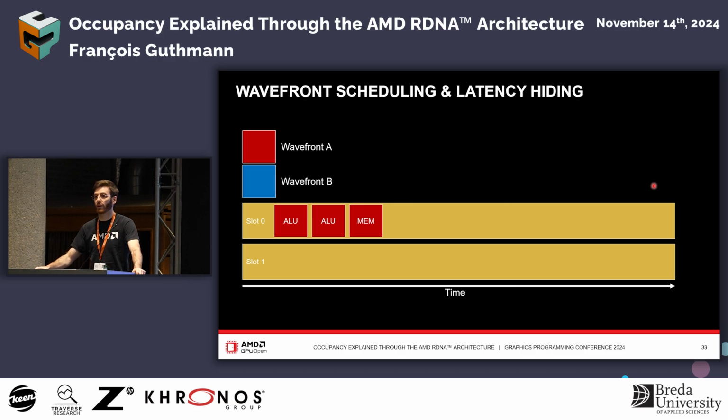Or, because we know we have different wavefronts and we know that we can switch them on the fly, maybe it's a better idea to actually switch to wavefront B. And if we're lucky, wavefront B has some ALU work to do.